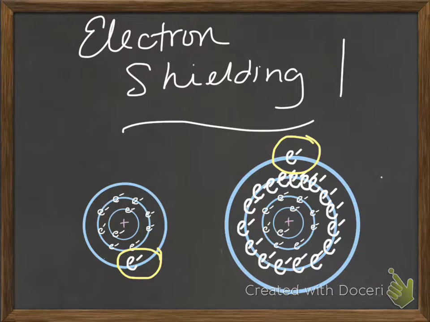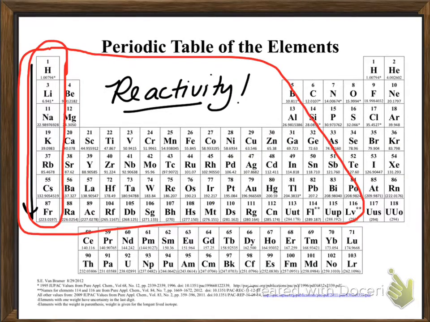So, as we add main energy levels between the nucleus and the outermost main energy level that's got electrons on it, the more shielded those valence electrons are, and the easier they are to pull away. So hence, in the metals, as we go down a group, things tend to get more and more and more reactive. Notice that I said in the metals.